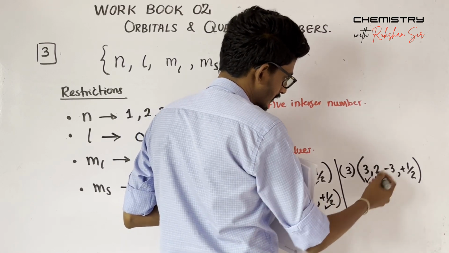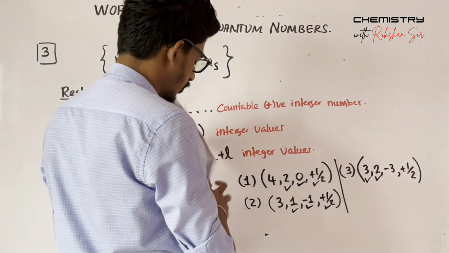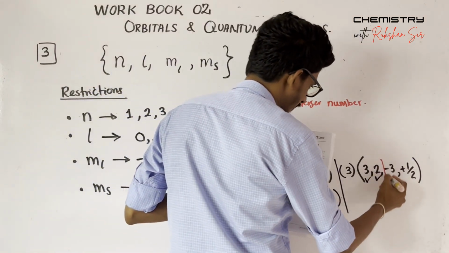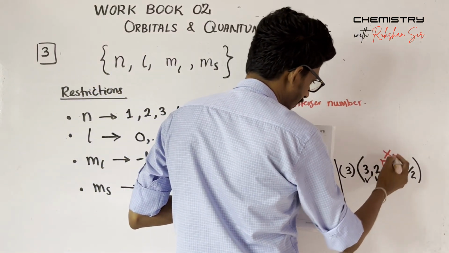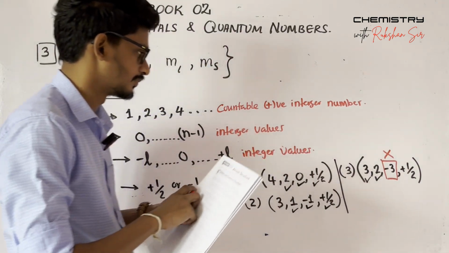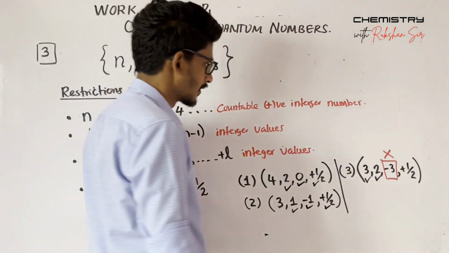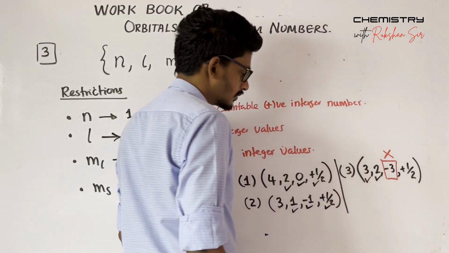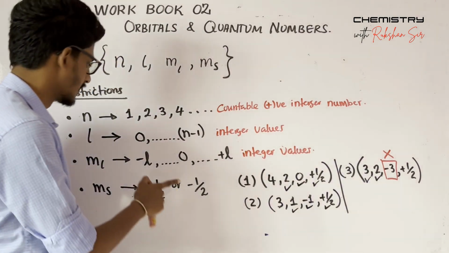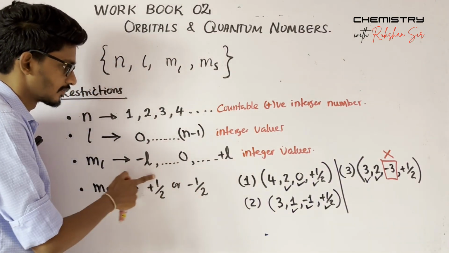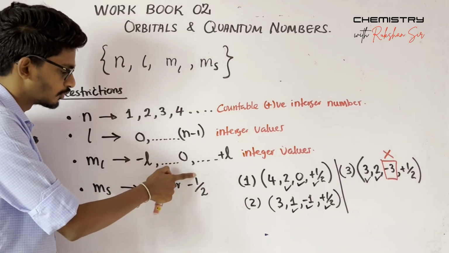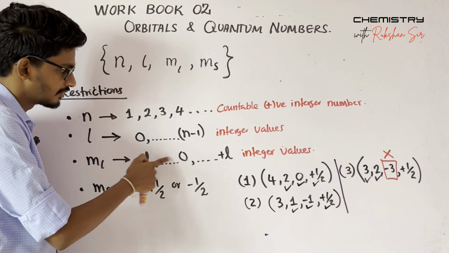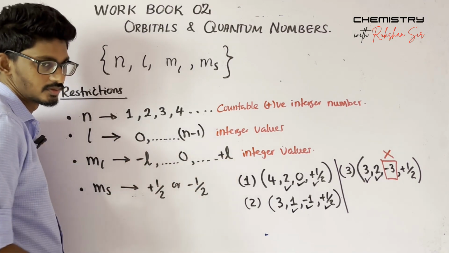So minus 3 is not available as an ML value for L equal to 2, because that violates this restriction. If L is equal to 2, the available values are minus 2, minus 1, 0, plus 1 and plus 2.